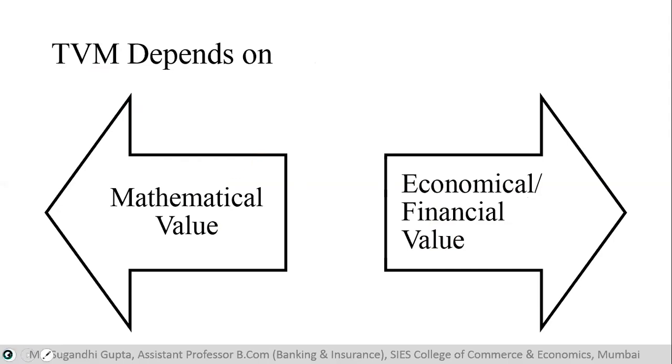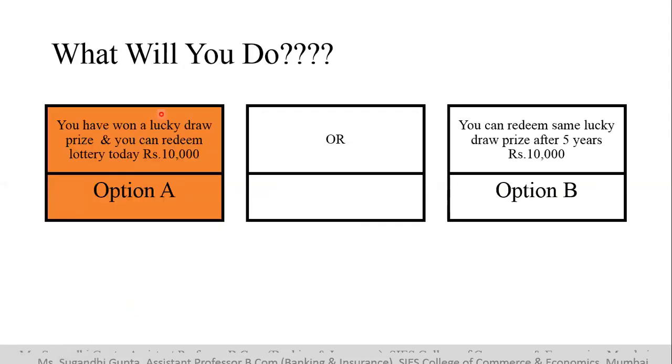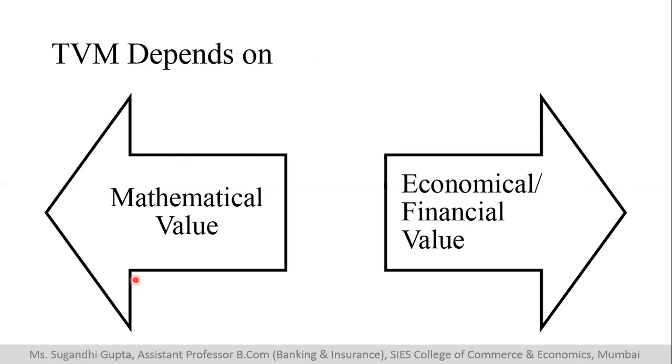In the previous slide, you all have chosen option A over option B. The reason being, if you see mathematically, both are rupees 10,000 today or rupees 10,000 after 5 years. So mathematically, even if they both have same values, economical value will change over a period of time.